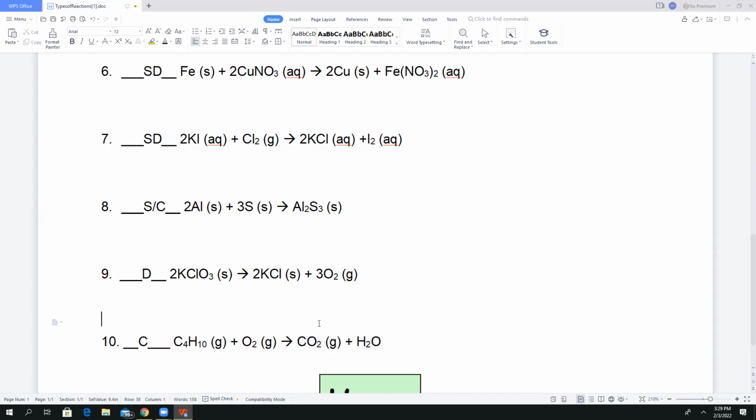Now, to balance this one, there's a trick that I'm going to show you. Look at the 10 on the hydrogen. Why do we do that? Because the hydrogen here is bonded to a single oxygen. So when we look at the 10, if it is divisible by 2 and ends up being an even number, then we're good, because that would make it even. This is even over here, right? Which is not.